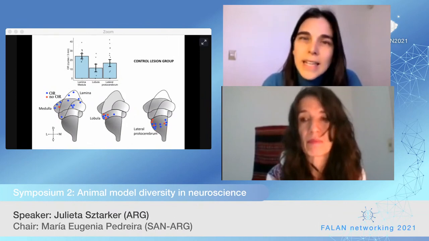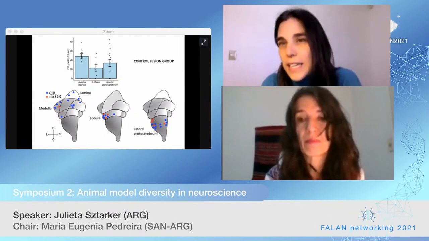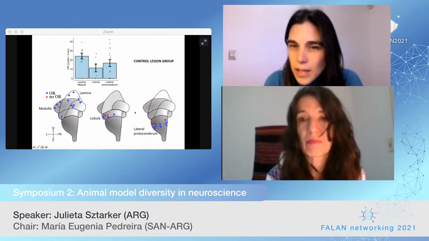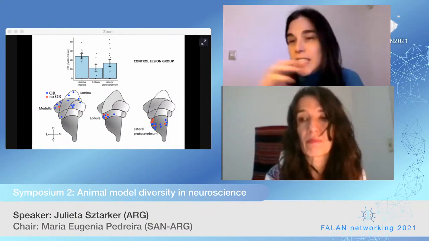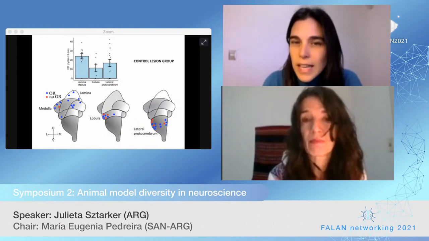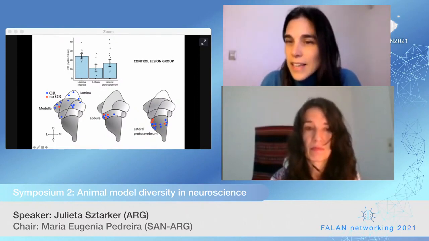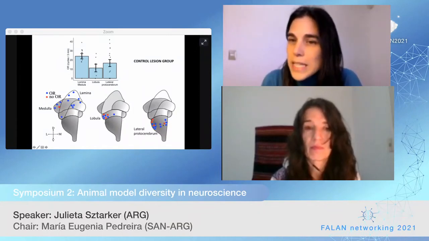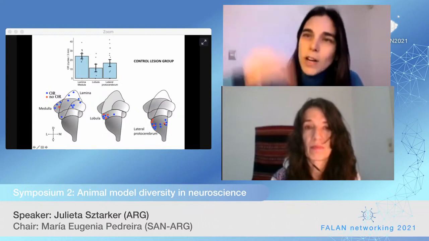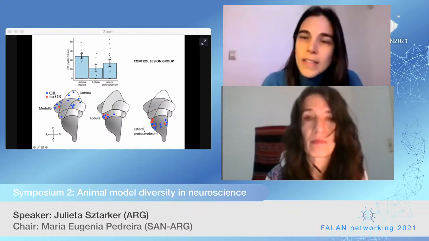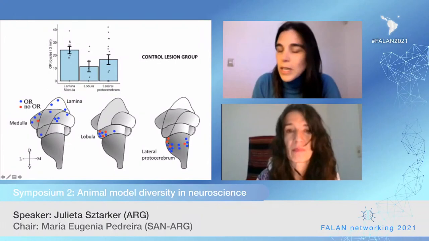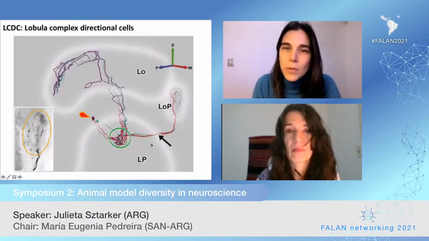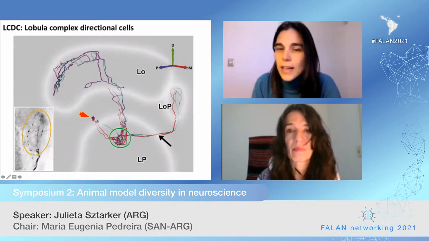We think that this has two possible explanations. One is that we are making a lesion in one part of the circuit connected with the lobula plate. For example, in the lobula, it might be that the inputs coming to the lobula plate are being damaged, or when we see this point here, that might be the track of the lobula plate going down. On the other side, these lesions that are producing a reduced response might be related with another center that we have found.